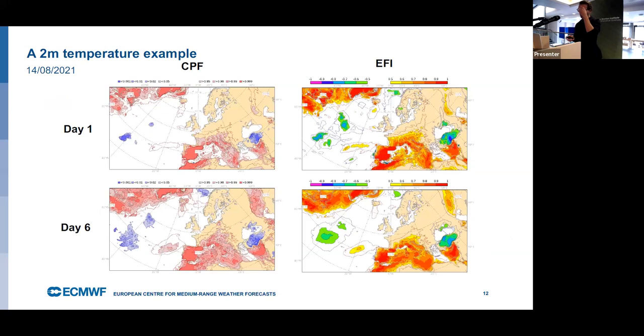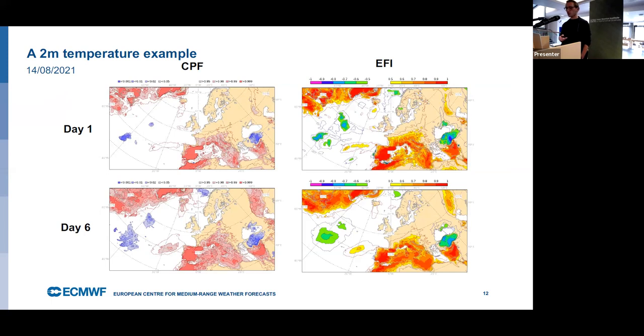This is almost my last slide, just to say that this concept is not restricted to any one variable. We can look at other things than precipitation, like 2-meter temperature.